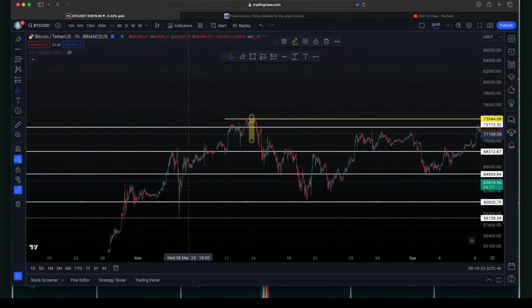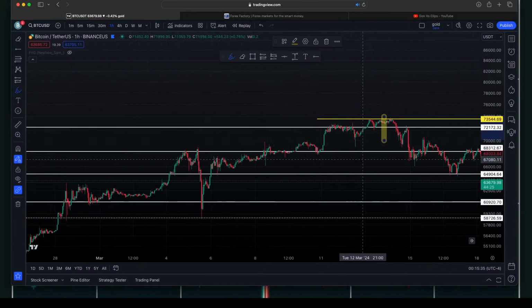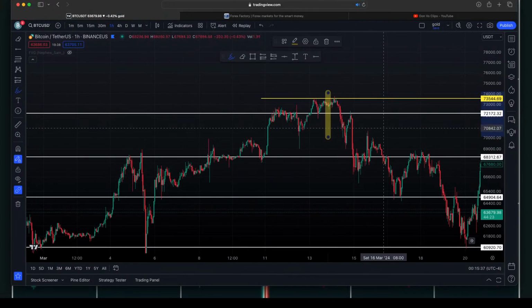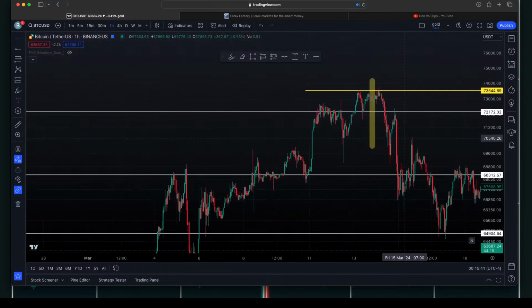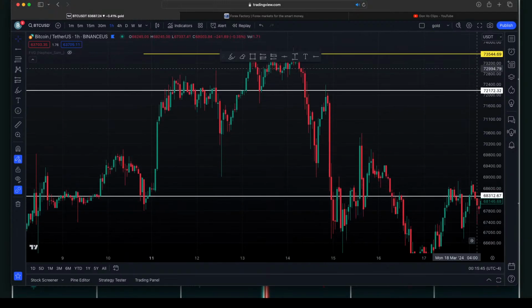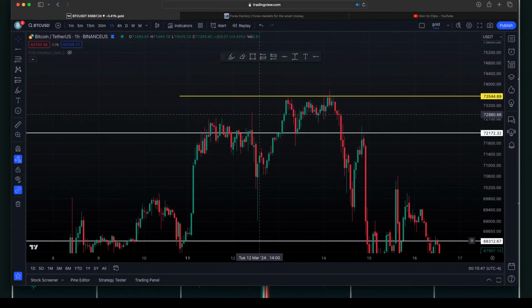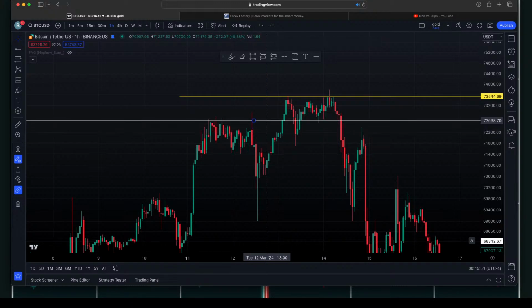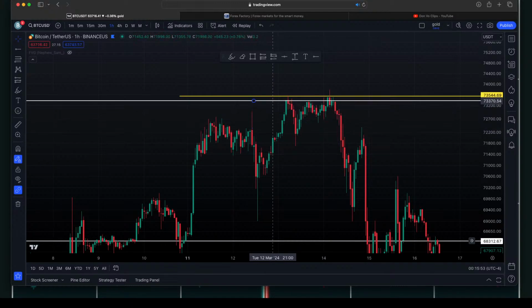But yeah, so let me see this. I'm just going to take a look over here, because why is this area so significant? That's kind of my idea. So if this is the high right here, this was the high that got broken. So look at, you could kind of say there's a resistance right there.